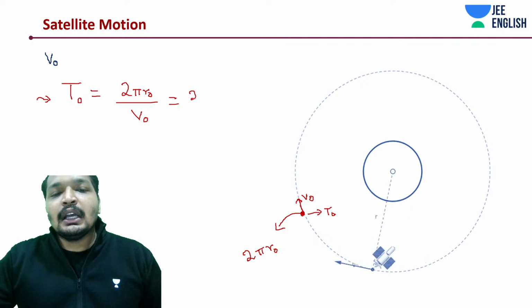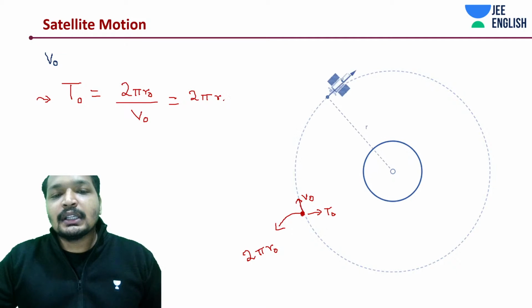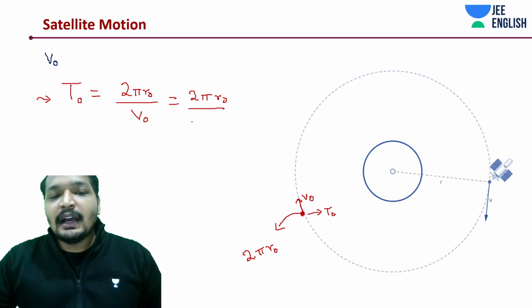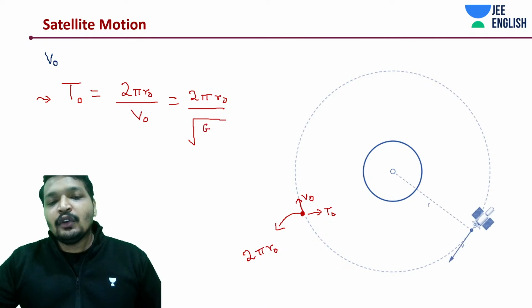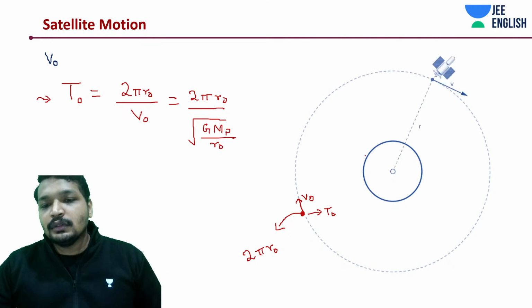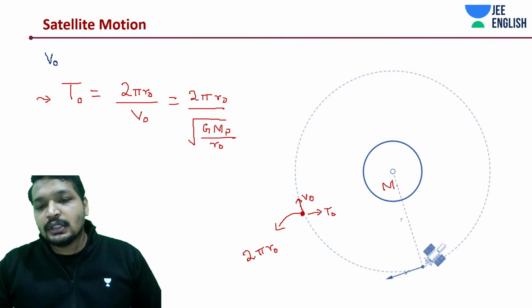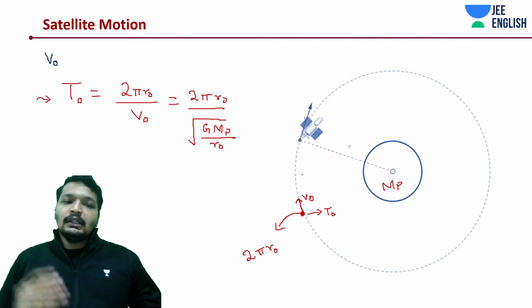So yes, you can do one more thing, that is substitute the value of your VO. What is the value of VO? Square root of GM planet divided by RO. Okay, you know this thing. That's it.